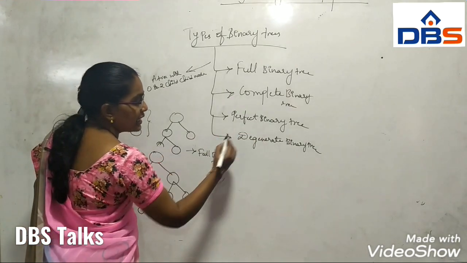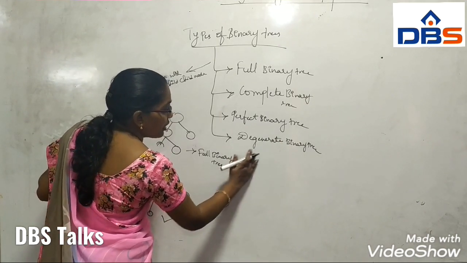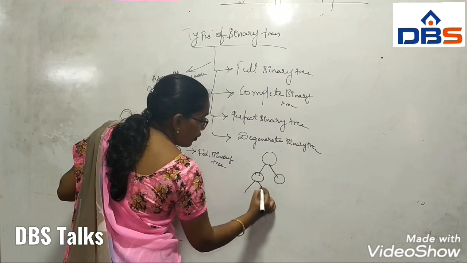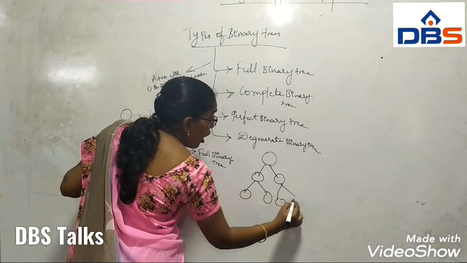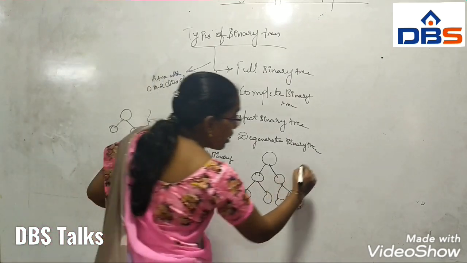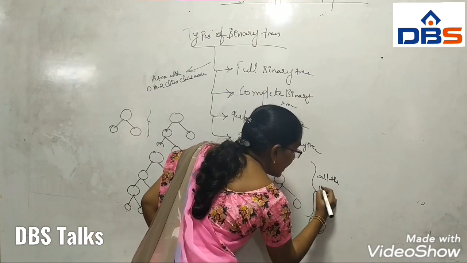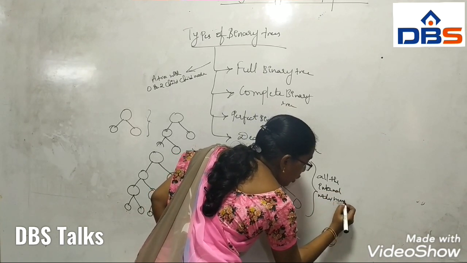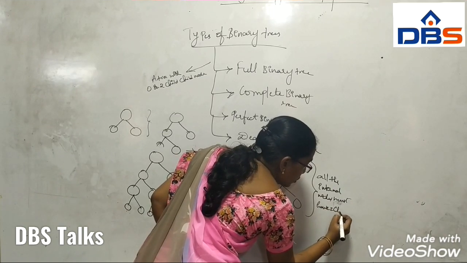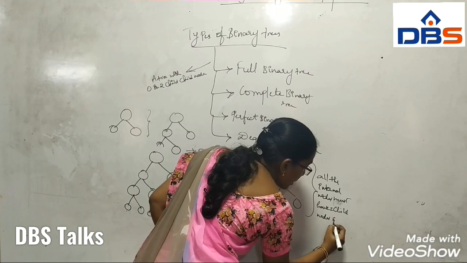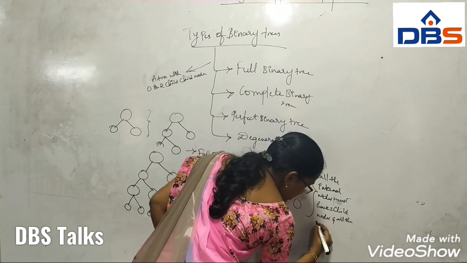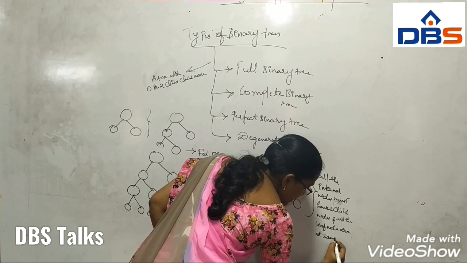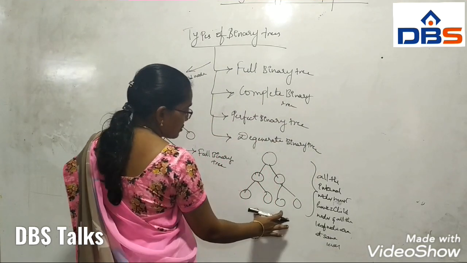Then what is a perfect binary tree? In a perfect binary tree, all the internal nodes must have 2 child nodes, and all the leaf nodes must be at the same level.